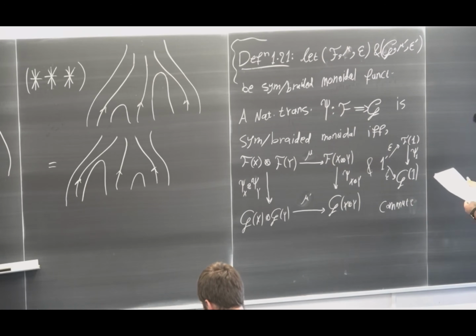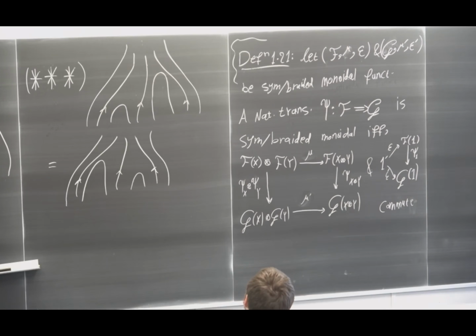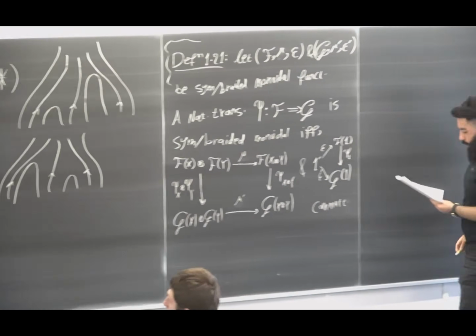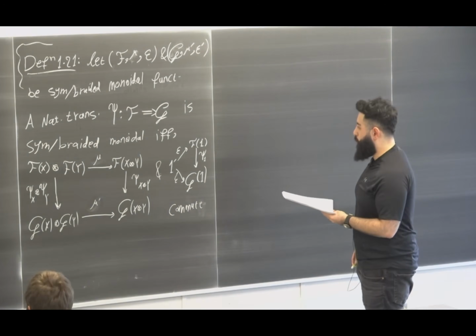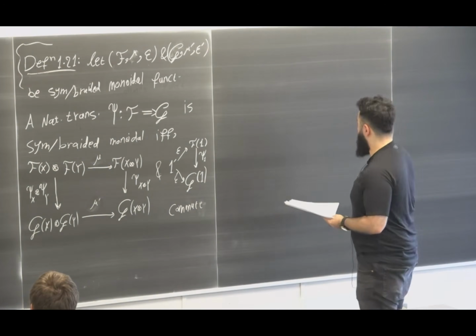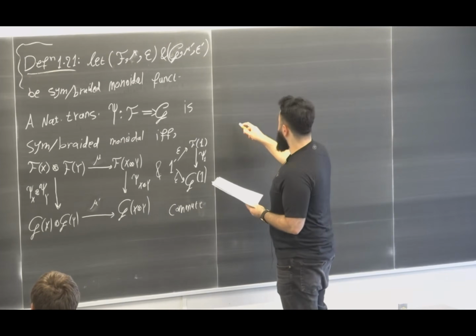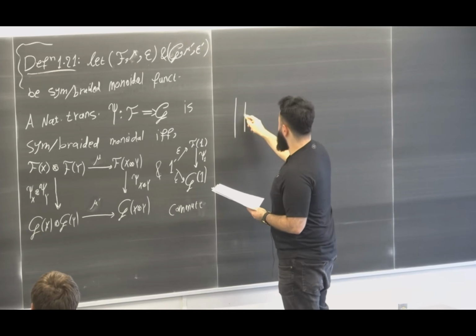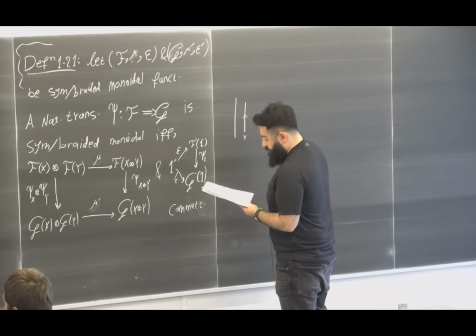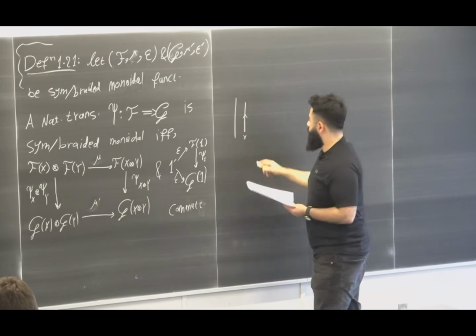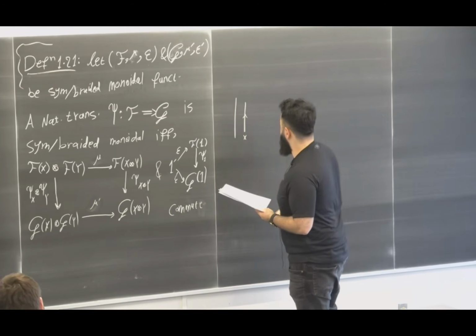Now, to draw this using the graphical calculus, what do we do? Well, I want to have F of x tensor F of y. Tensor means I put them next to each other. So let me draw F of x, and maybe not even write down the x.